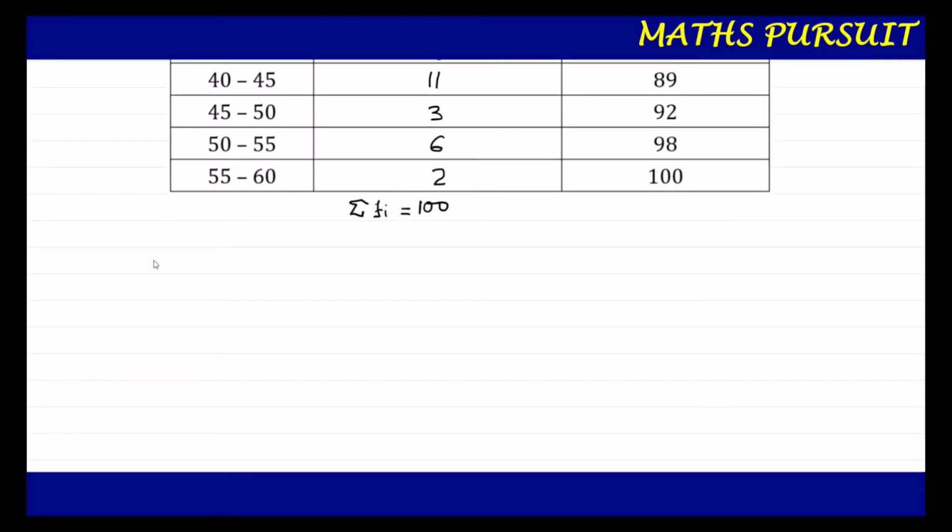The median is calculated with the help of a formula: median is equal to L plus (n upon 2 minus cumulative frequency) upon frequency, into class height.